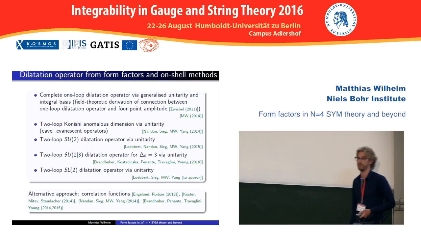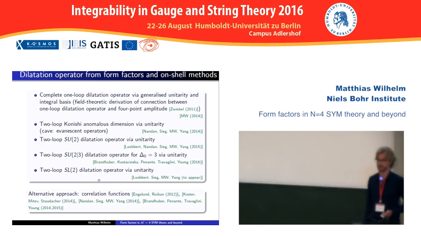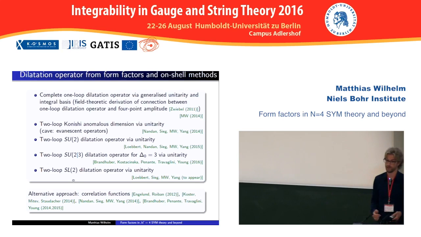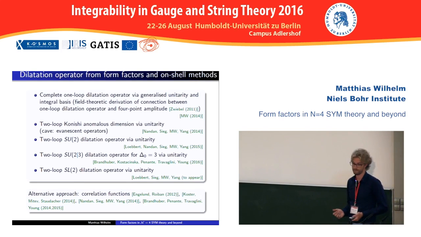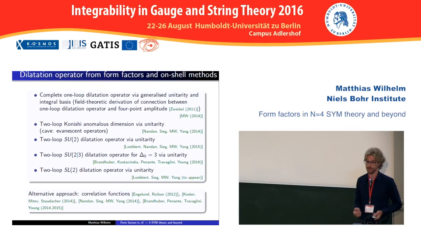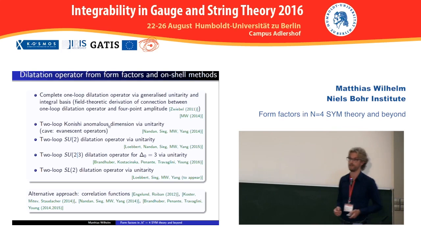And in an upcoming publication, we will show how this works for operators with finite magnon numbers in the SL(2) sector. Alternatively, we can also use on-shell methods to compute correlation functions and obtain the dilatation operator this way. But having used both approaches with unitarity for the two-loop Konishi anomalous dimension, we found that form factors are more efficient.